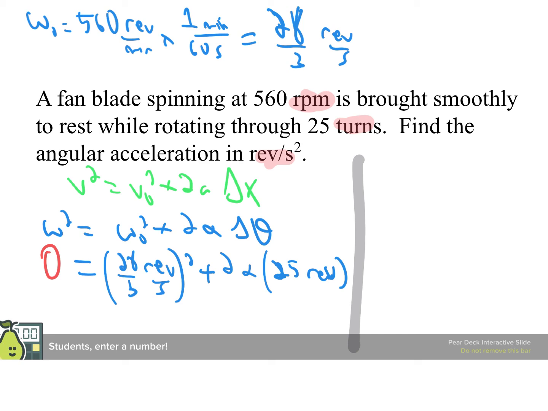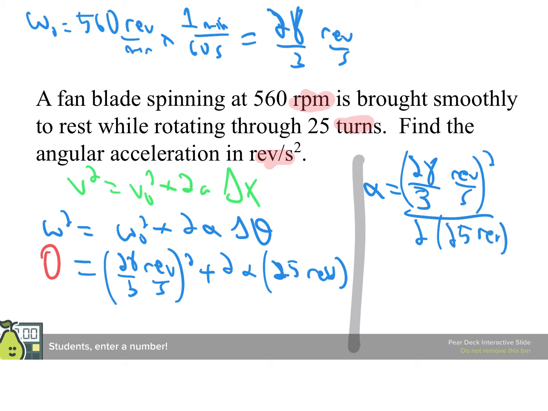Alpha is 28/3 revolutions per second quantity squared over 2 times 25 revolutions. And we're going to get 0.187 revolutions per second squared.